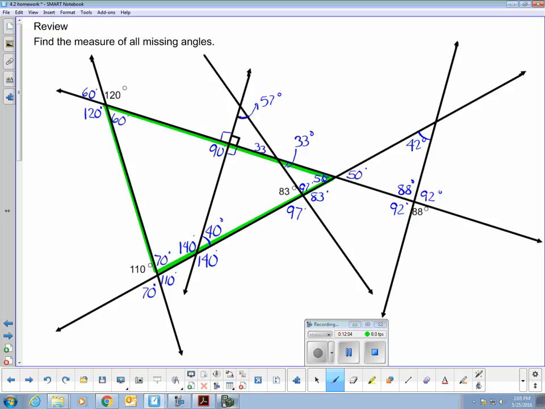It looks like I have all those angles there. There's a few up here, like this one would also be 57 degrees, and then we can find the supplement of that right here also. It's an angle that's 130 degrees.